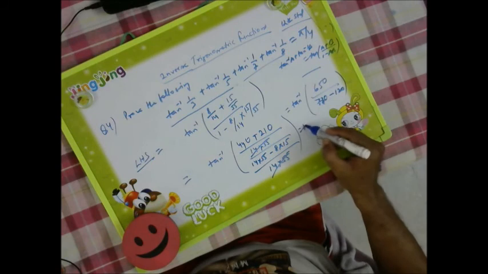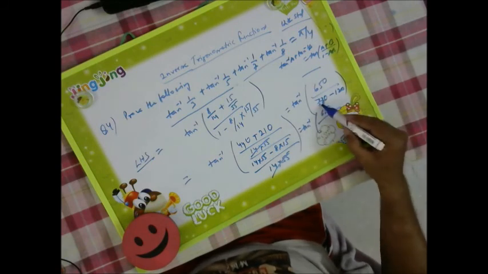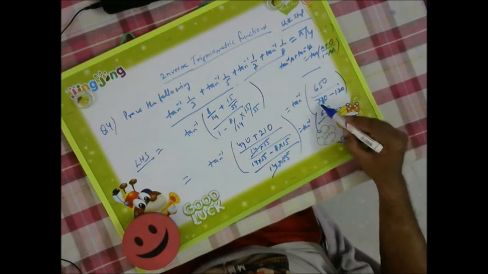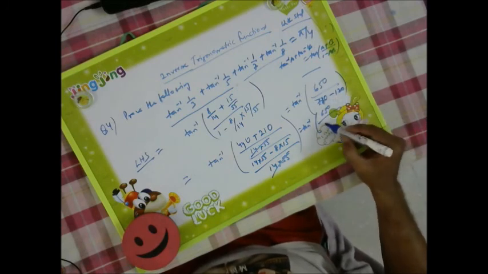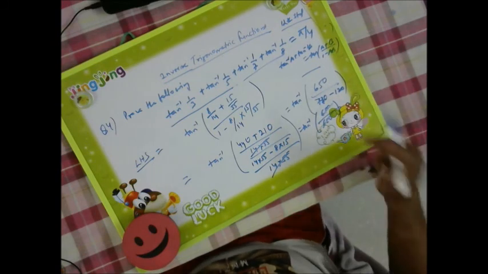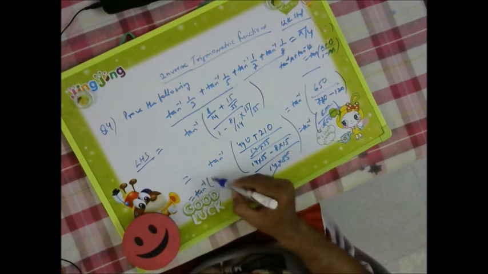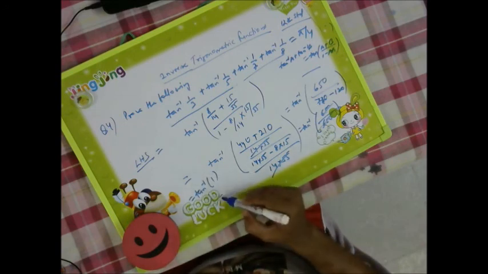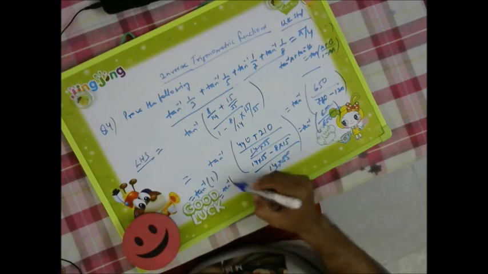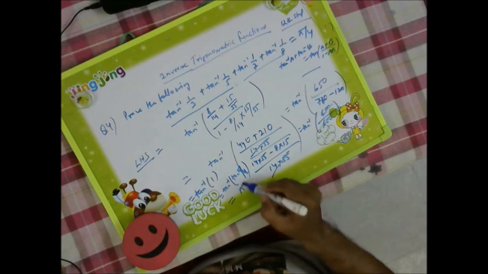So this has given tan inverse 650 divided by 650. So this has got cancelled. What we have got is tan inverse 1, and tan inverse 1 is pi by 4. So this has become pi by 4.